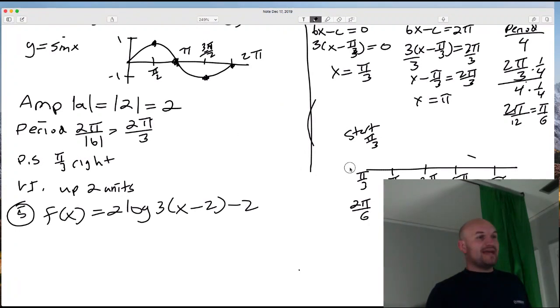So really, this is actually going to be at 0, and now the graph is going to go up to 4. So I'm kind of running out of space here. So I'll just say, so it was at 0, so that's going to be up at 2. So let's put that at 2, and that's at 4. Okay.